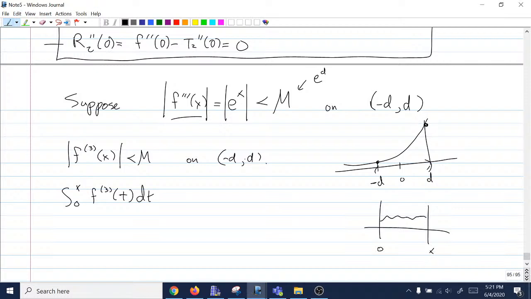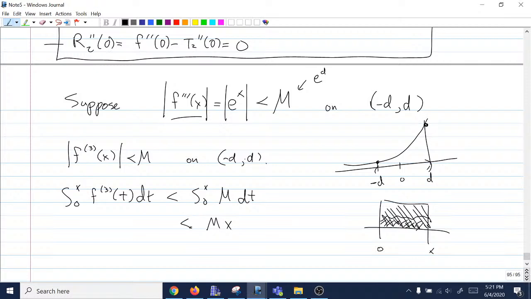If I have a function and I have a value m, then the integral of this function is going to be less than the integral of m. I don't know if you ever stated this in Cal 1, but it's pretty obviously true from the picture. If I integrate that function from 0 to x, I'm going to get something that is at most as big as the integral from 0 to x of m. What is the integral of m from 0 to x? This right-hand side is mx.